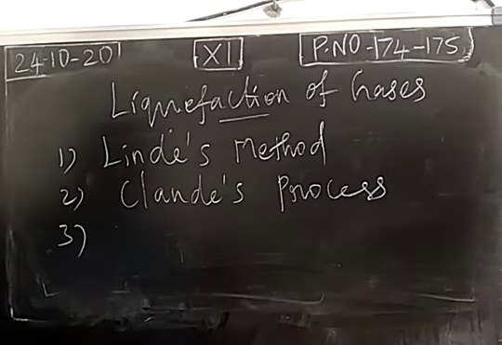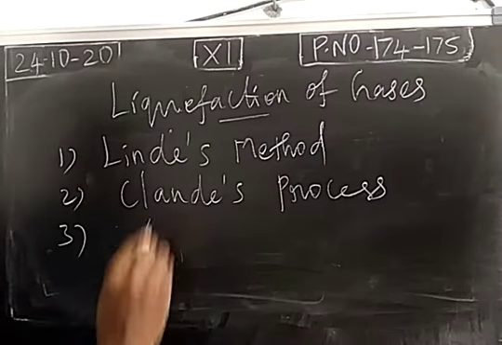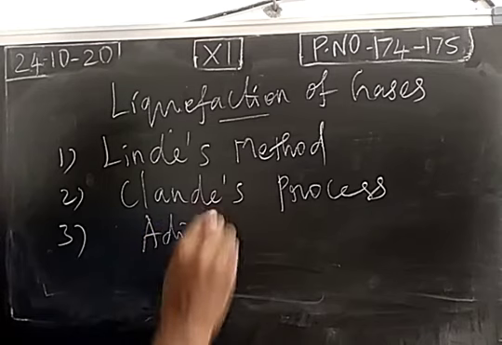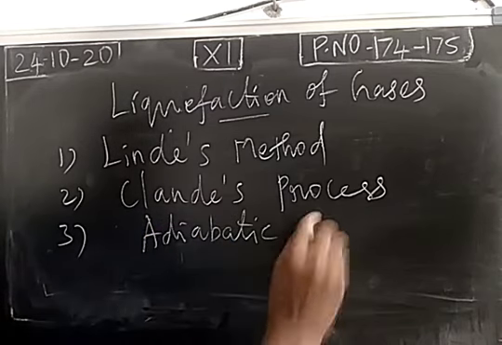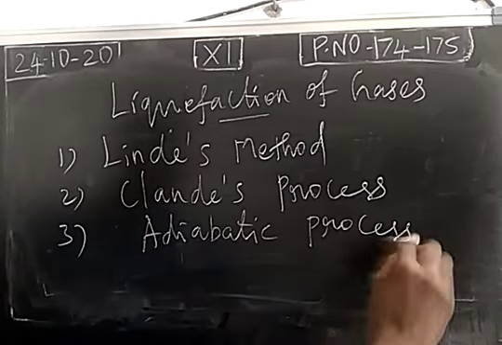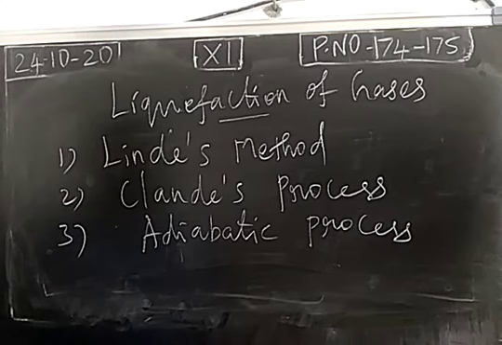Third one is the adiabatic demagnetization process. So this is an important one. In this process, by removing the magnetic property, very low temperature is created. You take gadolinium sulfate. The material is already a magnetic material, and its magnetic property is removed.